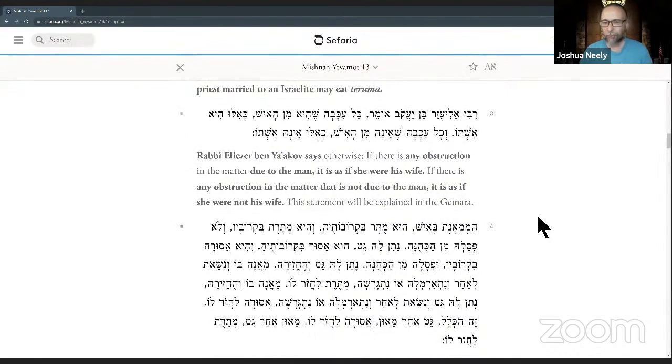All right, so chapter 13, the whole first chunk of it is dealing with the difference for when a girl has been betrothed on her behalf by her mother or brother because her father has died.